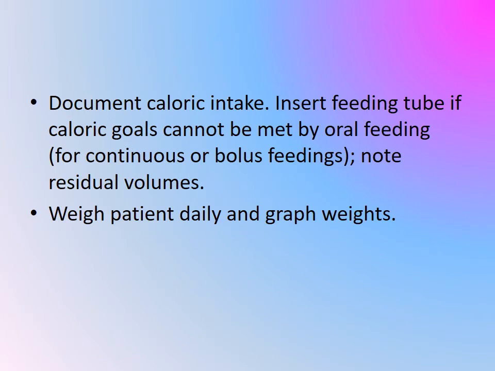Document caloric intake: whatever calories we give through tube feeding, including bolus feeding, should be monitored and documented in the intake and output chart. Weigh the patient daily and maintain a graph sheet.